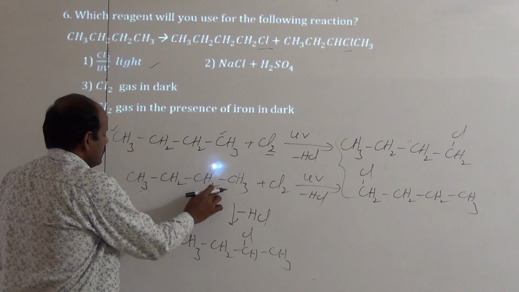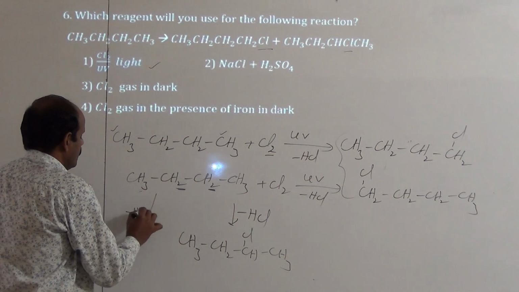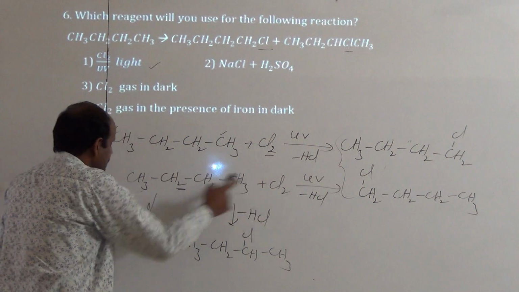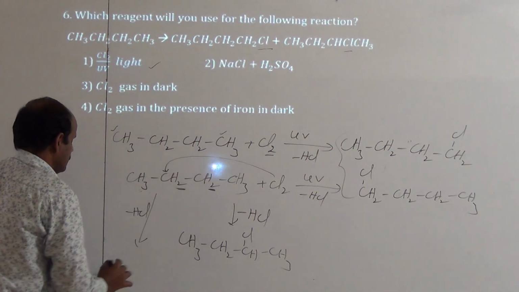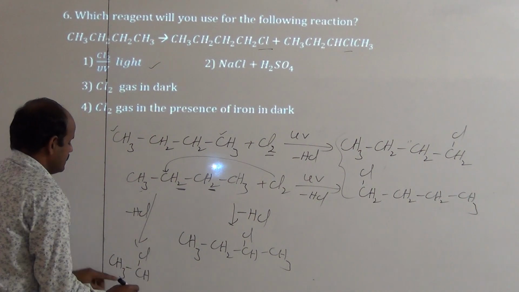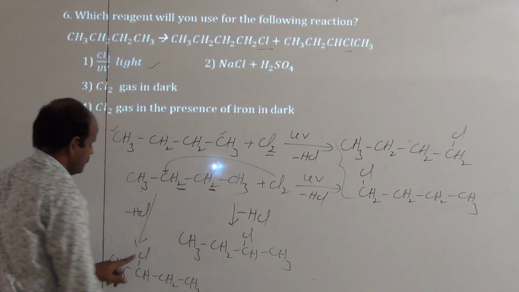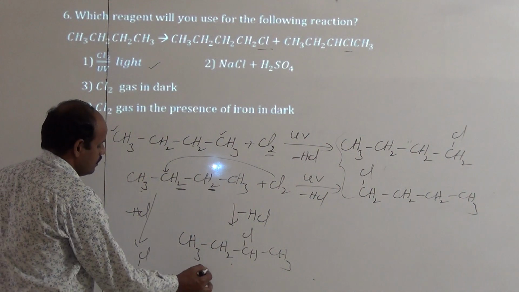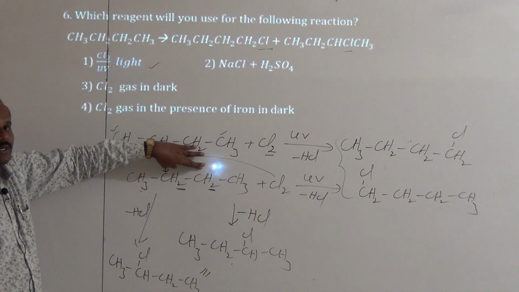Instead of this hydrogen, if this hydrogen is involved, here hydrogen, here chlorine, removed as HCl. Then one more chlorine can attack on this carbon. Then what compound will form here? CH3CHClCH2CH3 only, no? Thus this compound and this compound both are the same, meaning these hydrogens are equivalent hydrogens.